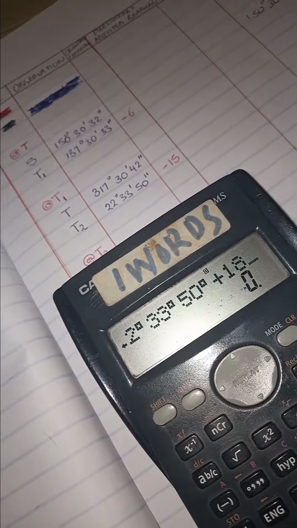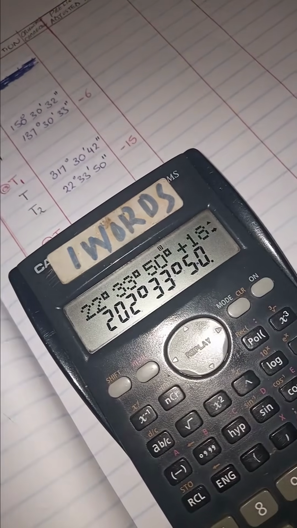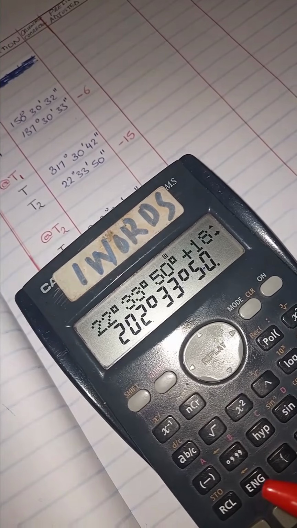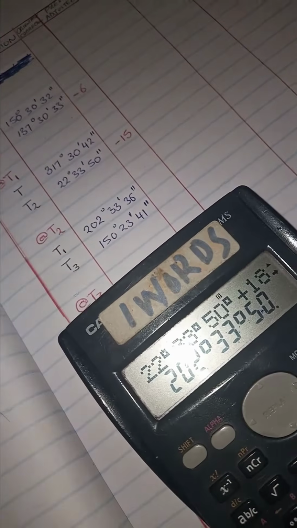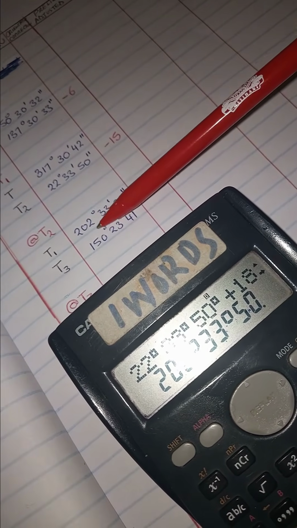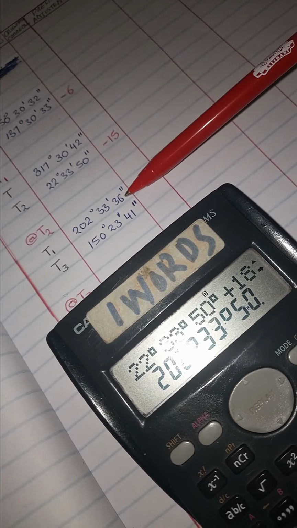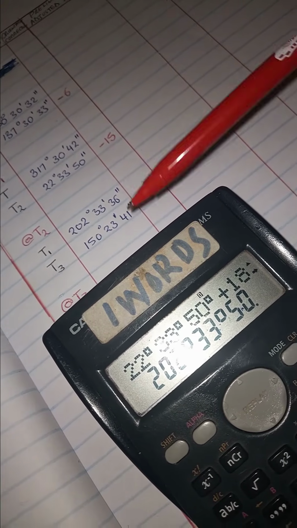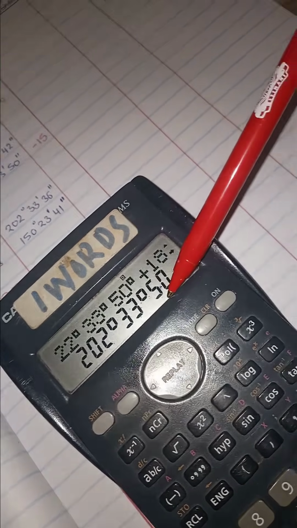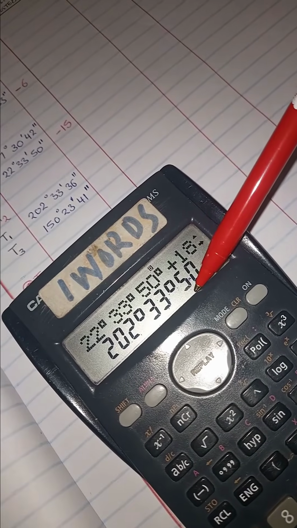We add 180 degrees in order to get the back bearing of that line, and that will be 202, 33, 50. But here we can observe our back bearing was 222, 33, 36. That means this value had an error. We need to correct that value to resemble the value on the calculator here.